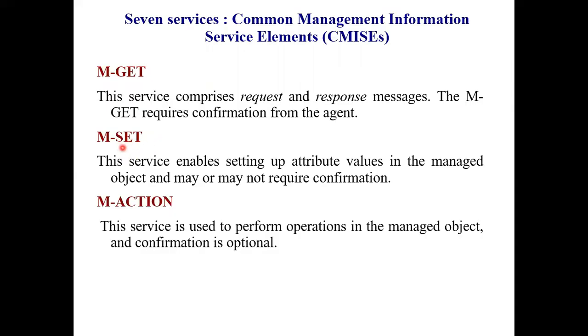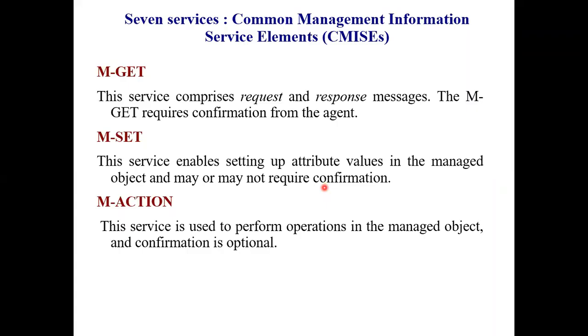Then M-SET. Here I am setting something, I am changing something. Please remember this: this service enables setting up attribute values in the managed object, and it may or may not require confirmation, but still we put a double arrow, because we don't know what application we are talking about.